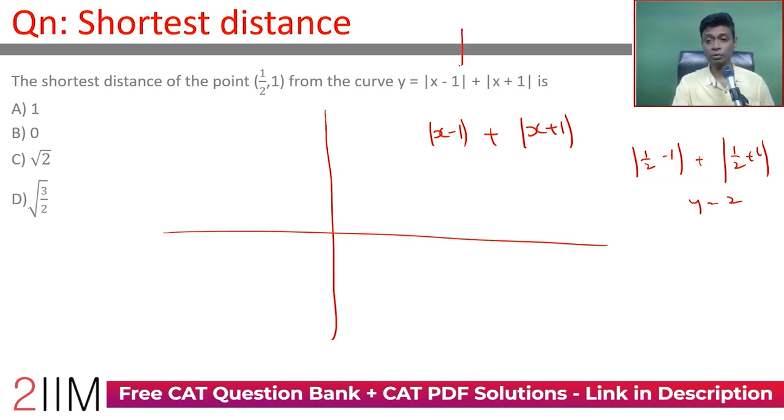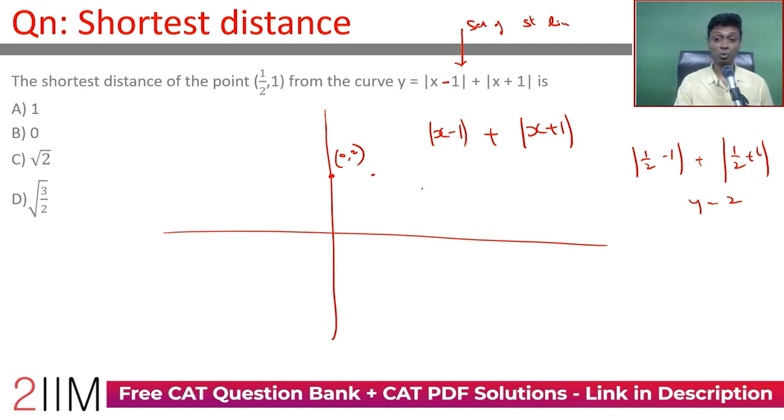I'm going to imagine and draw this curve, even if it takes a while. It's going to be a set of straight lines. I'm going to put a bunch of values. Let's say we put x equal to 0. Then y will be 2, the point (0, 2). When we put x equal to 1, we'll have 1 minus 1, 0, plus 1 plus 1, 2. (1, 2) is a point.